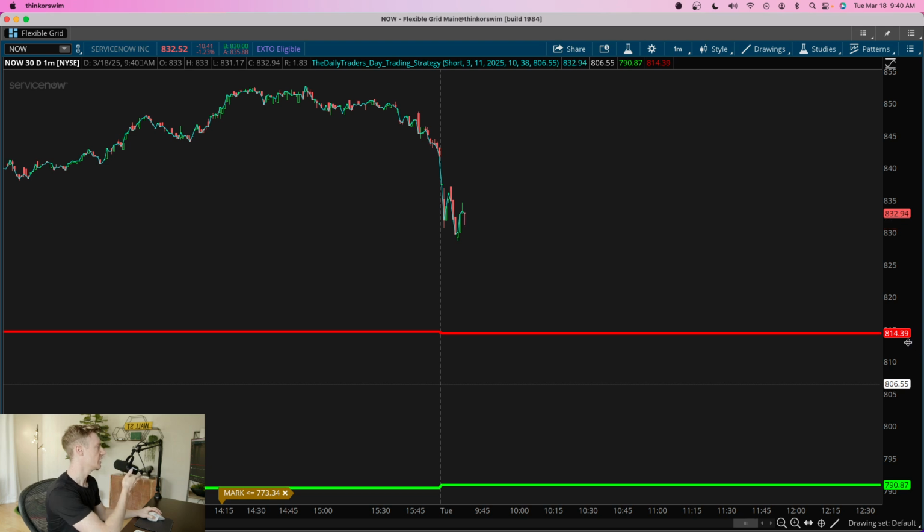All we really would need is our share price, right? 814.39 or 790.80, 790.87. We only need these two share prices. So we'd have our share price for stop and our share price for take profit, and I wouldn't even need a chart. So this does not actually require a chart for me to be able to make decisions.